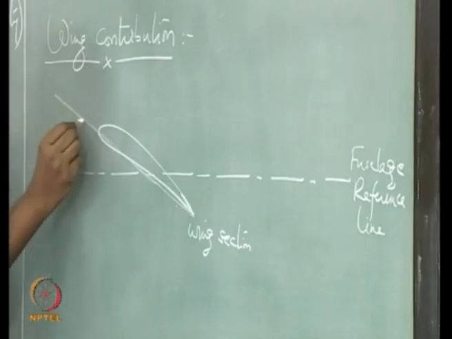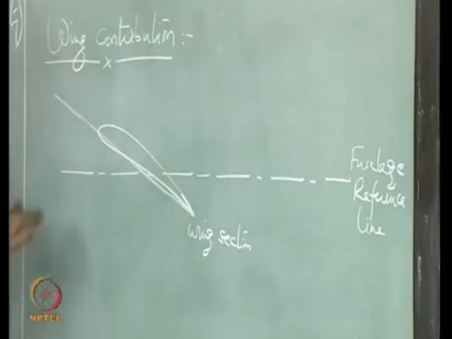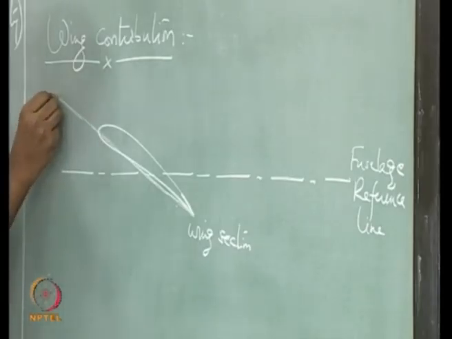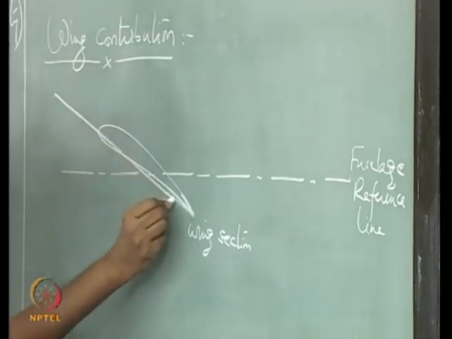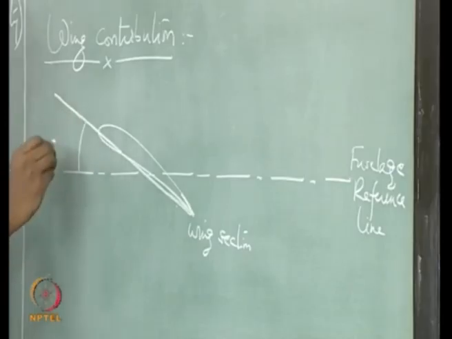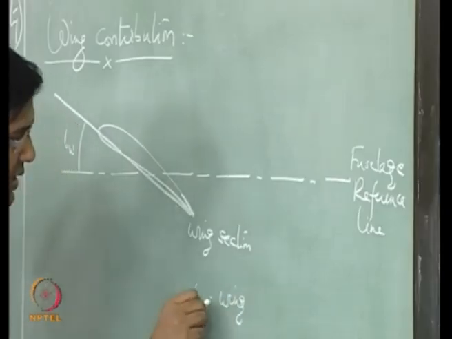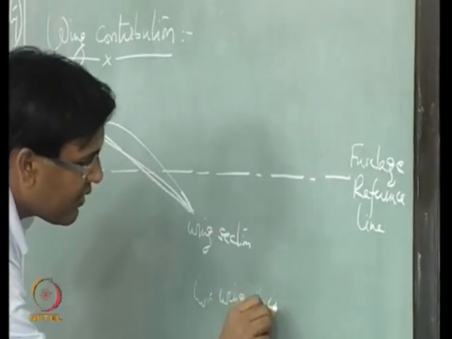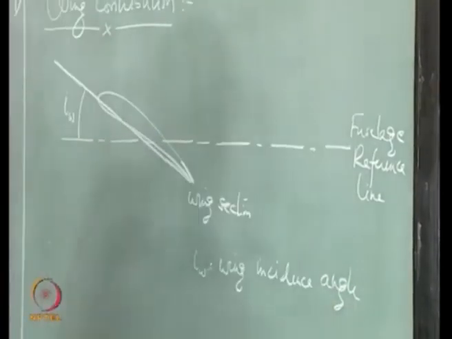The chord line of this wing section is this, which is making an angle IW with the fuselage reference line. IW is known as wing incidence. All angles we are measuring with respect to the fuselage reference line for the aircraft.